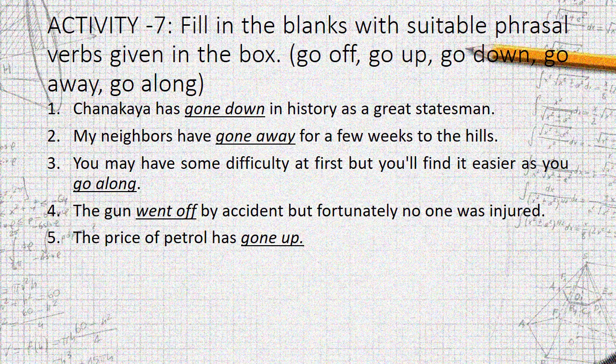The gun went off by accident. The gun went off means it was fired by accident, but fortunately no one was injured. And fifth one, the price of petrol has gone up. We all know this. It means the price of petrol has risen.